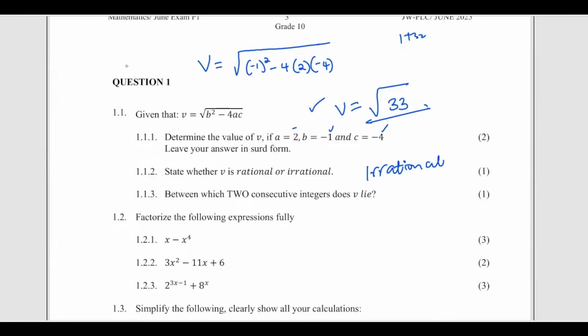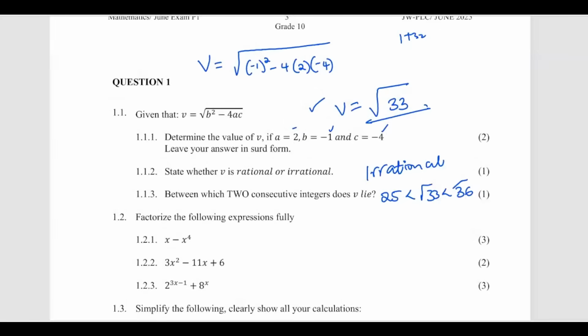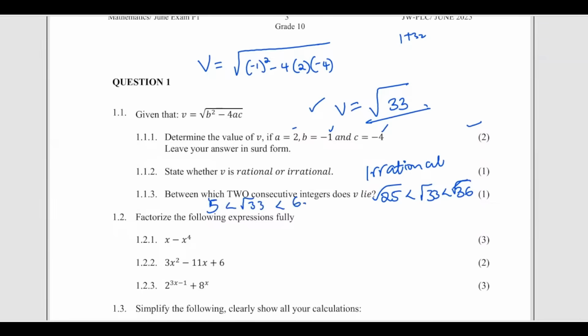The best ones would be 25, which is less than 33, and then 36, which is greater. Then we need to find the square root of 25 and the square root of 36. So we have 5, and 6. So it's between 5 and 6.